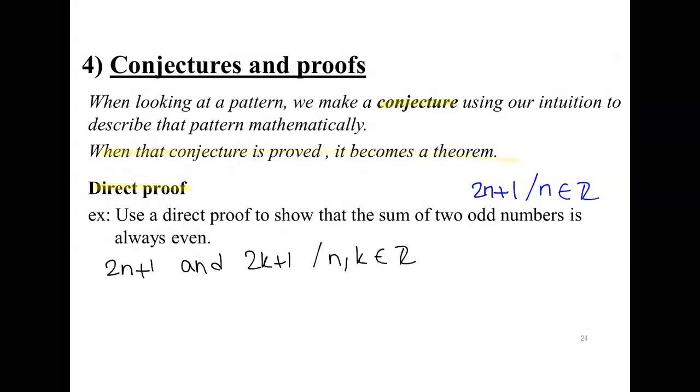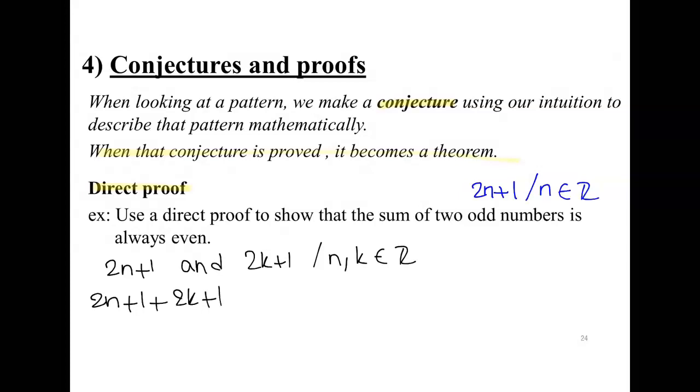That's not what the proof really wants. I wouldn't be adding two different odd numbers. I know that the sum of an odd number to itself is even, but over here I want to prove that the sum of any two odd numbers, whether equal or different, sorry about that, is always even. So let's go back to our two odd numbers, 2n plus 1 and 2k plus 1. Let's consider their sum.